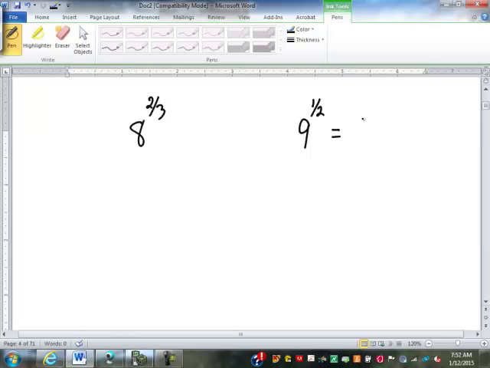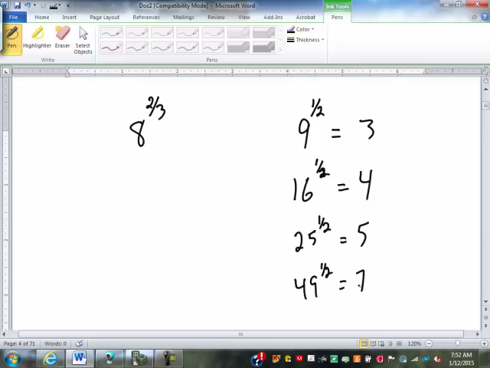Okay. How about this? 16 to the power of 1/2 and tell me what you get. Get 4. 25 to the power of 1/2. 5. 49 to the 1/2, you can guess is 7. Somebody said it over there. Was it Jared? That power of 1/2 is the same as the square root.